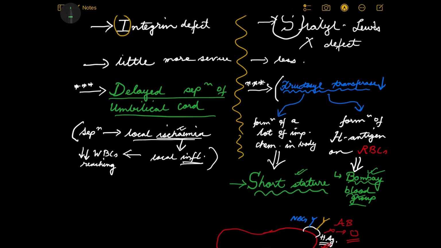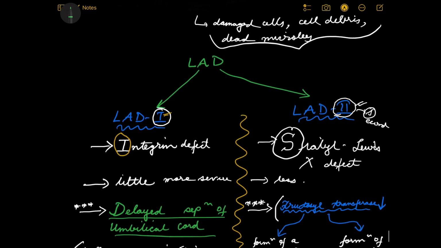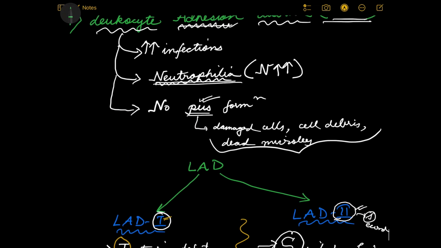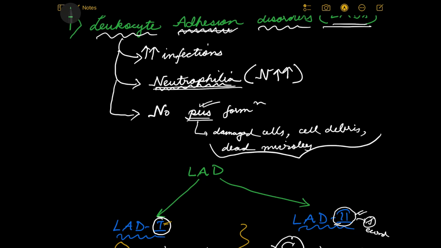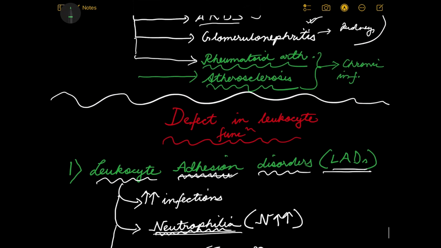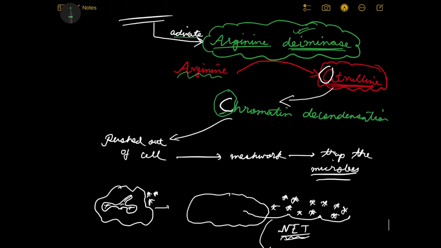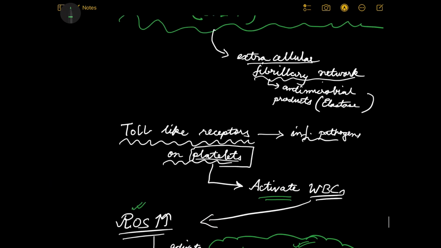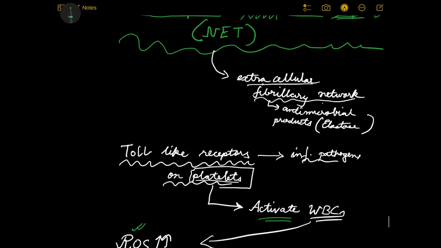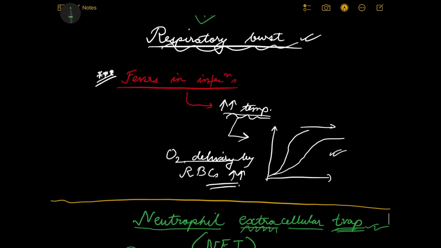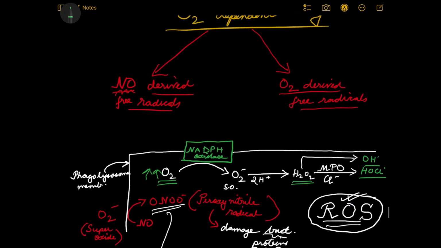Now, having talked about the disorders which are associated with leukocyte adhesion, let's now move on in the inflammation process. So in the inflammation process, the next steps, what were they? Transmigration, right?